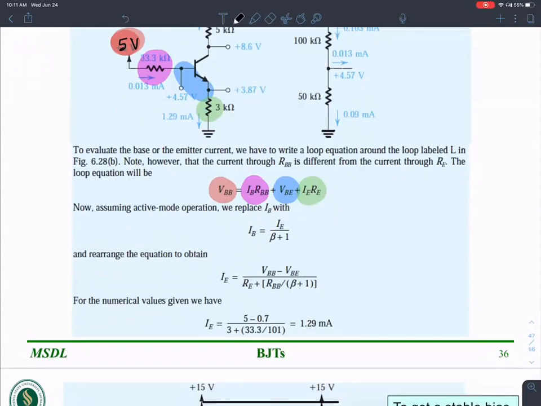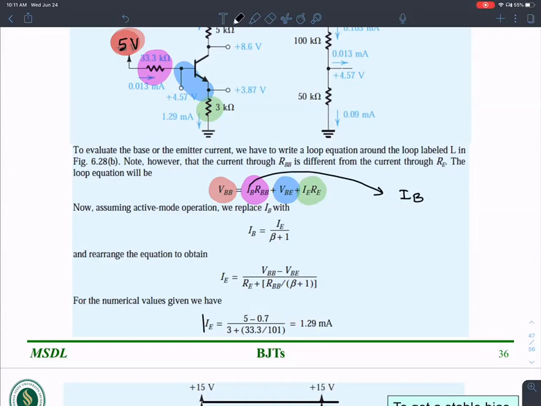So now that gives me IE to be 1.29 milliamperes.